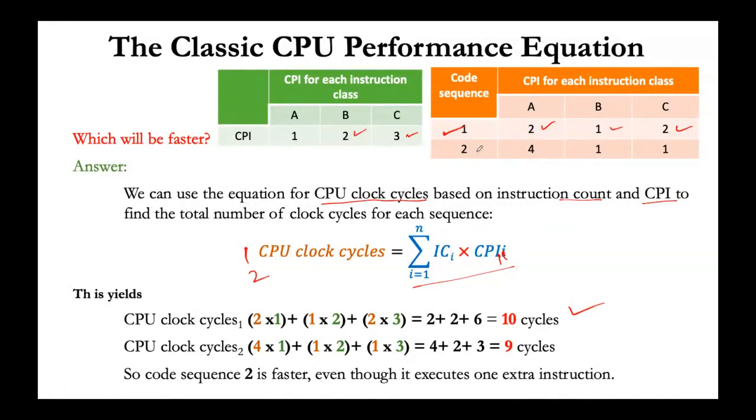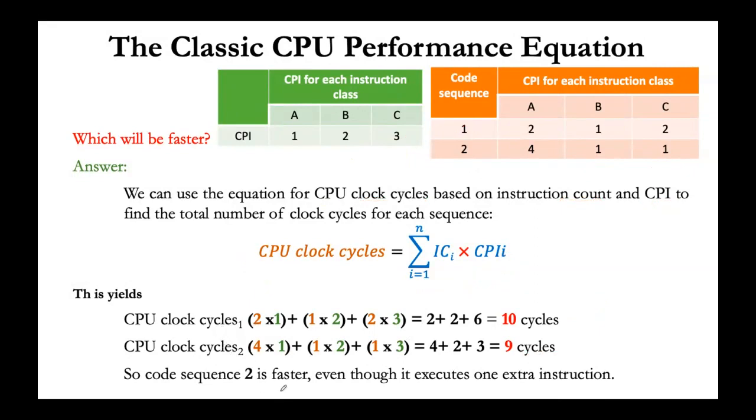Similarly for code 2, A requires 1 clock cycle, so 4 instructions multiplied with 1. Similarly, 1 multiplied with 2, then 1 multiplied with 3, so it gives 9 cycles.